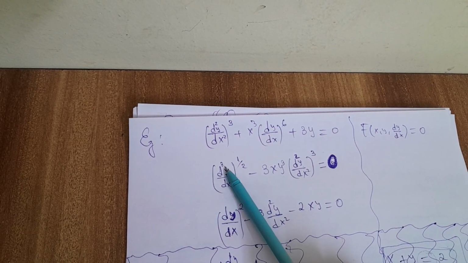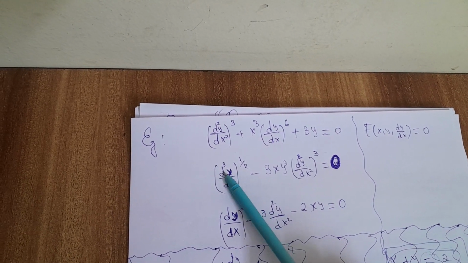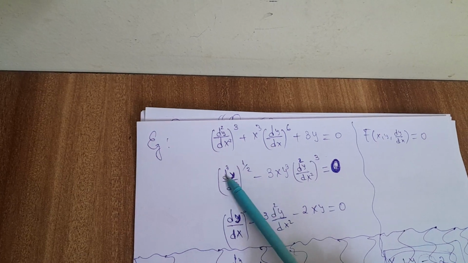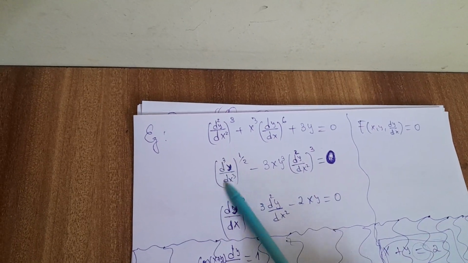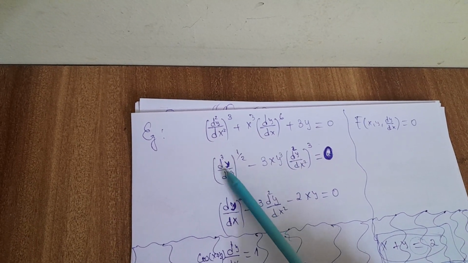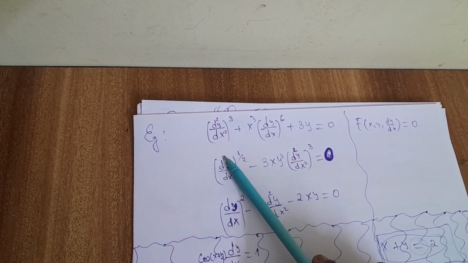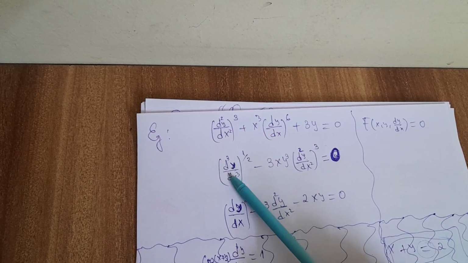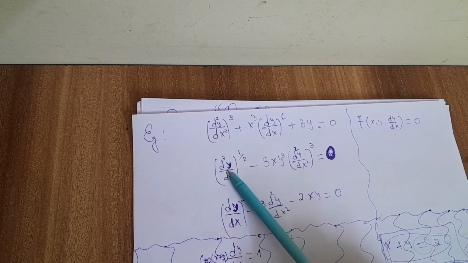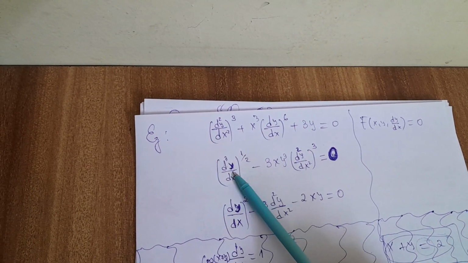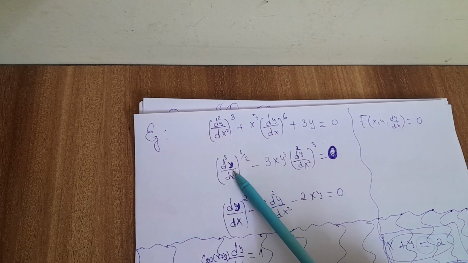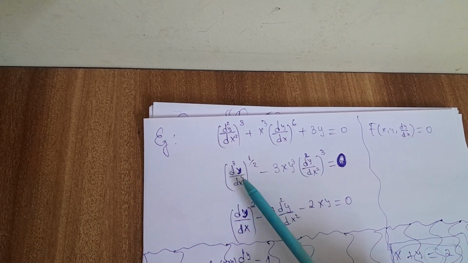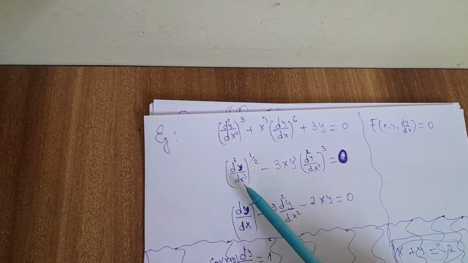Here it is 3 times. This derivative is repeated 3 times, so we have to find the first derivative of y, the second derivative of y, and the third derivative of y, as we can see here.